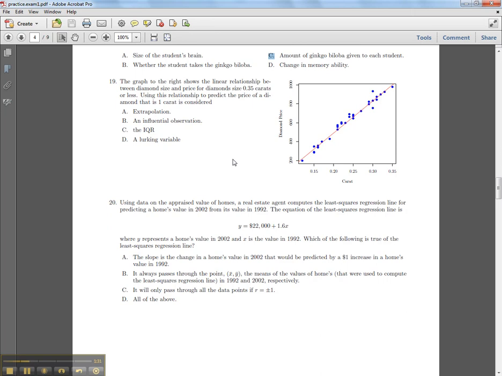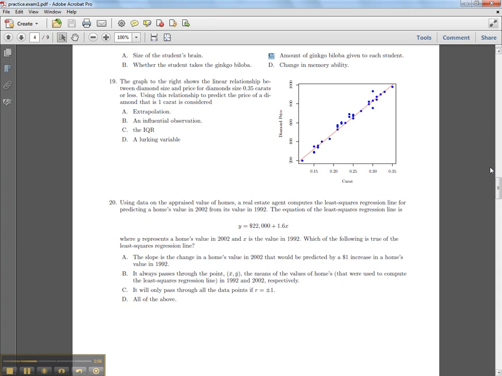So for number 19, the graph to the right shows the linear relationship between diamond size and price for diamond sizes of 0.35 carats or less. Using the relationship to predict the price of a diamond that is 1 carat is considered... So 1 carat, if my range is from almost no carat to 0.35, my 1 carat is like here or further out, if you follow my mouse.